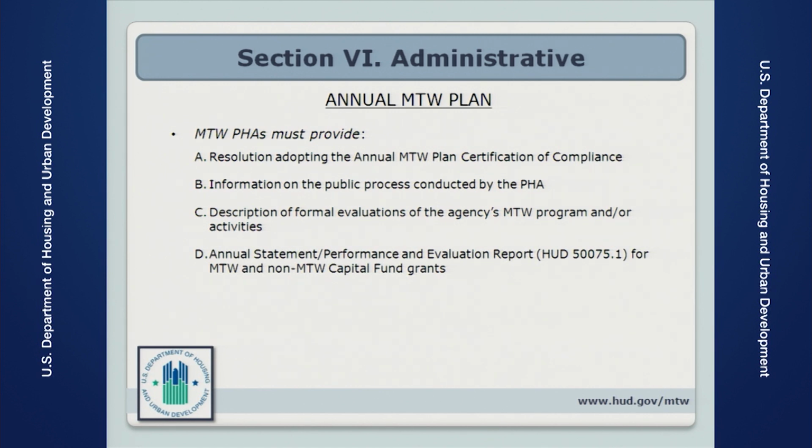Next is a description of the formal evaluations of the agency's MTW program and/or activities. This is similar to what was in the prior version of the 5900. We would ask that you discuss any arrangements that you have with third-party evaluators, either universities or nonprofits, that are evaluating your program and the progress of those evaluations.